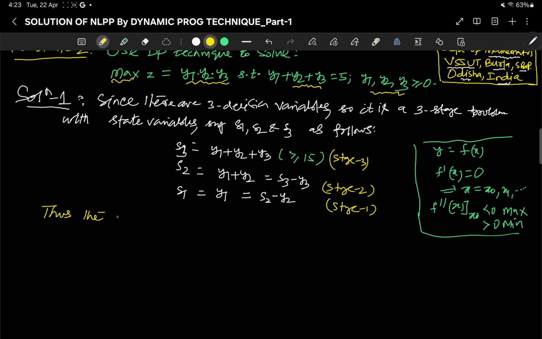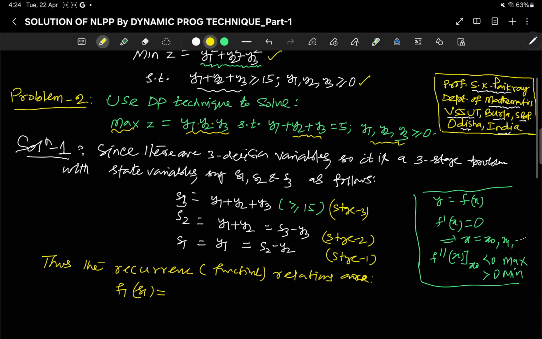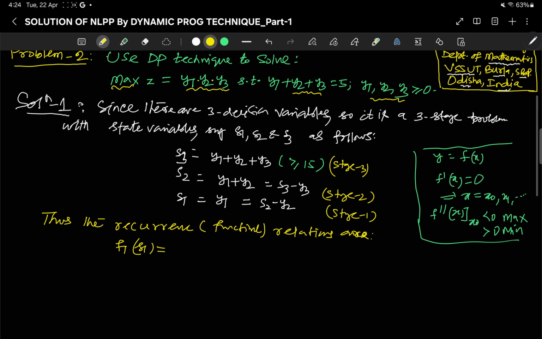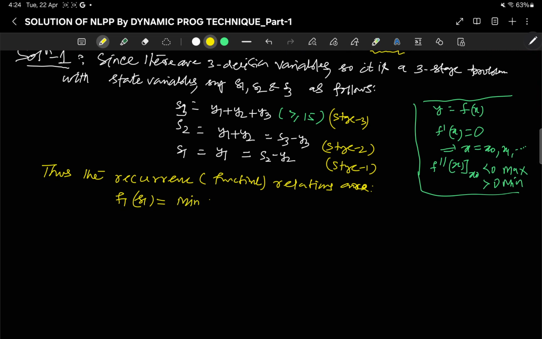Thus the recurrence or functional relations are: we start with f1(s1), which is the minimization of y1 square, equal to the minimization of s2 minus y2 whole square.